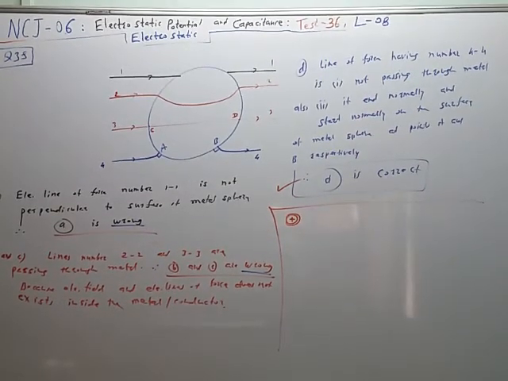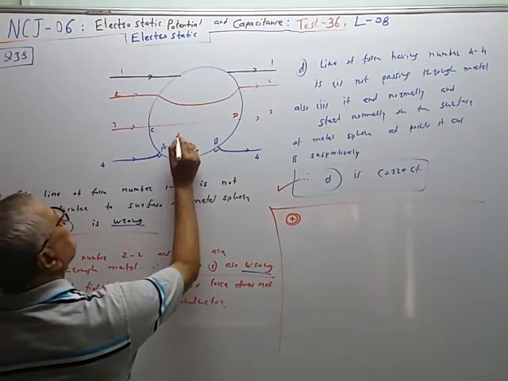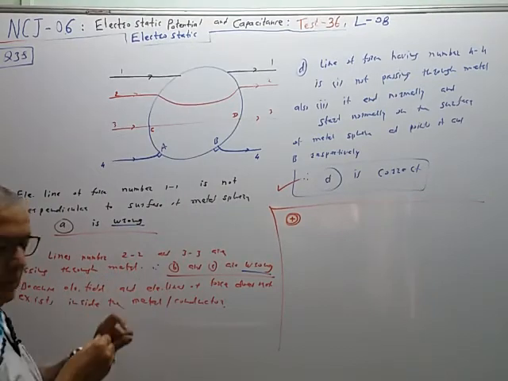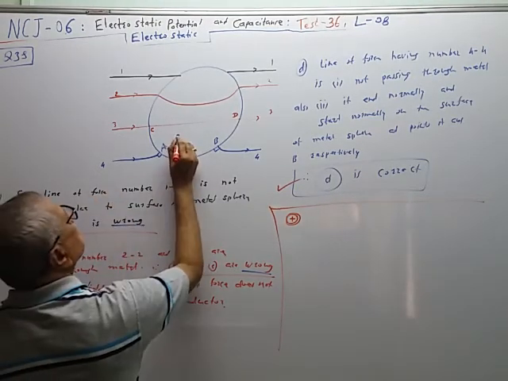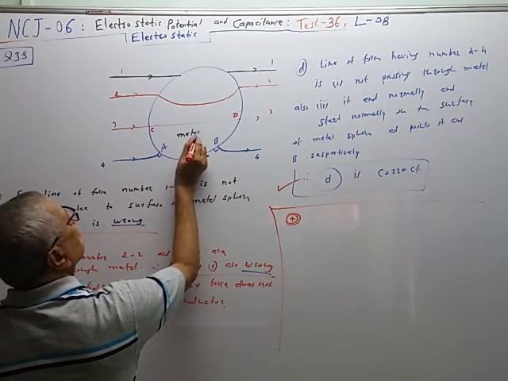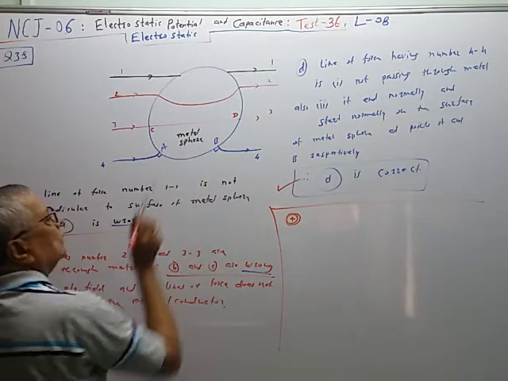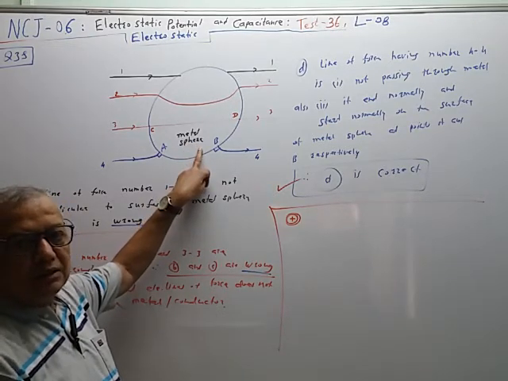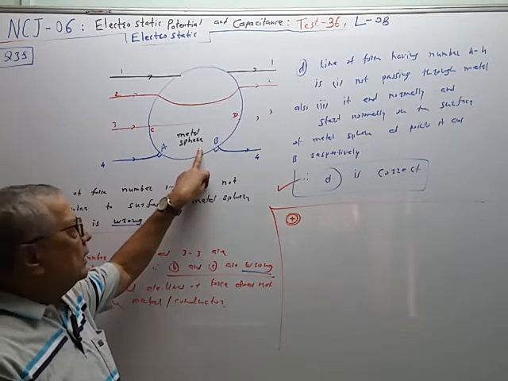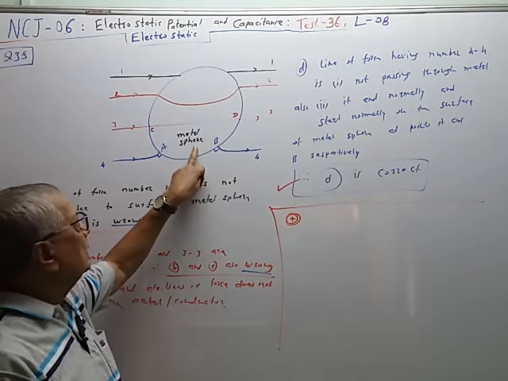Now, we will add one more quantity. Now, instead of metal sphere, this is a metal sphere. If this metal sphere is replaced by dielectric sphere, medium having dielectric constant K, then what will happen?